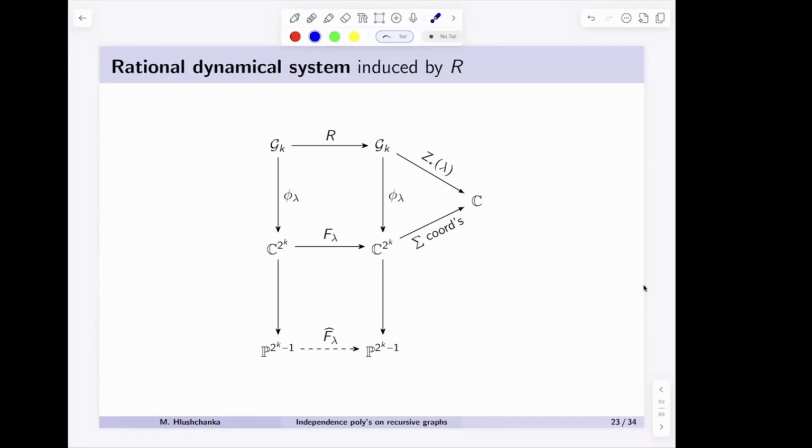We transferred the question about roots of the independence polynomial to understanding this dynamical system and the vanishing of the sum of the coordinates of the iterates with respect to this dynamical system. And understanding the latter is something that I'm going to talk about in the remaining part of the talk.